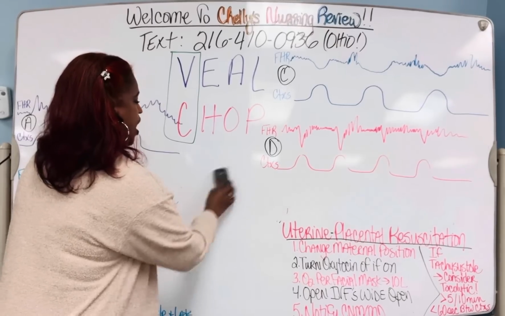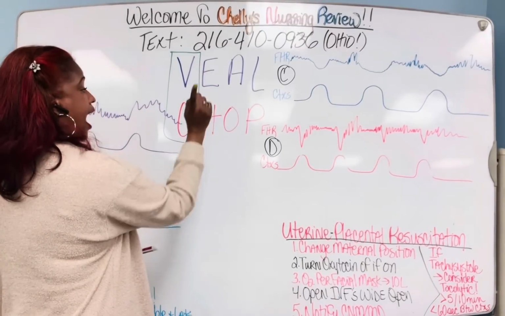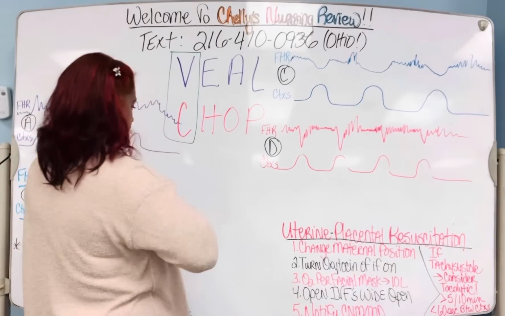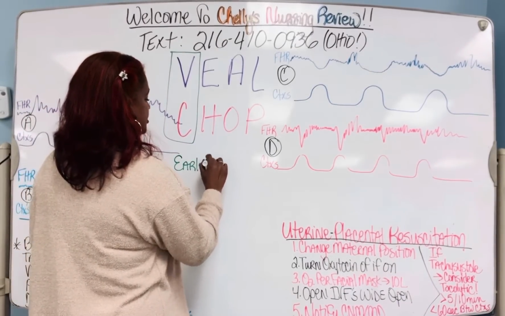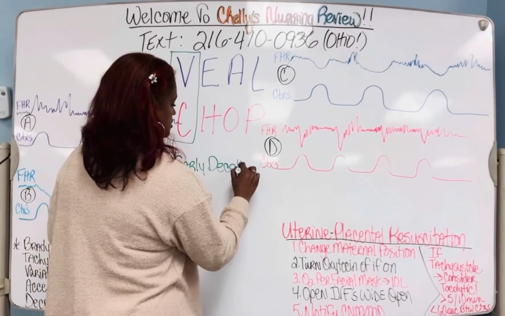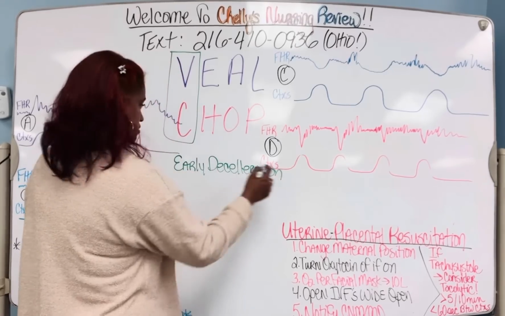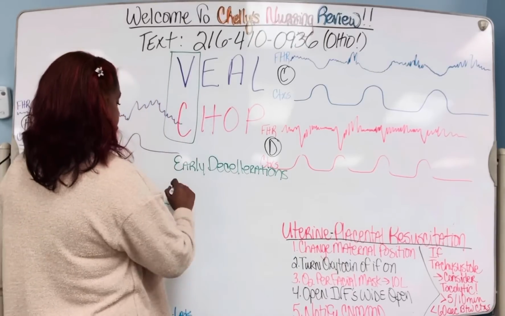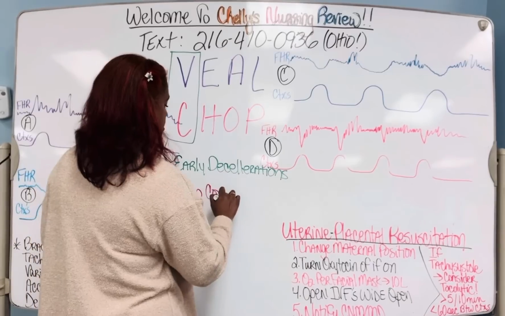The next part of our VEAL CHOP is E and H. The E is early decelerations. And the H means head compression.